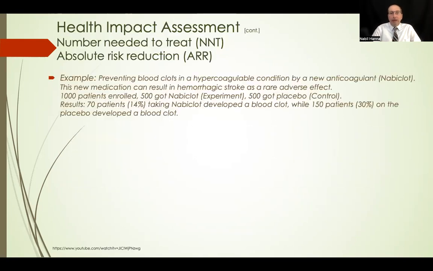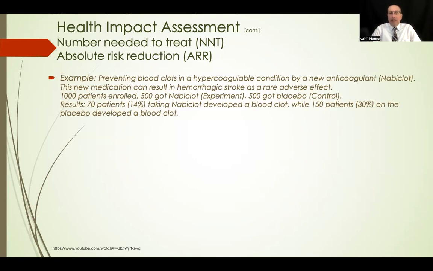Let's give one example here. Say that there is a new anticoagulant drug used to prevent blood clots in one hypercoagulable condition. And I just give it a fake name. I call it Nabiclot.